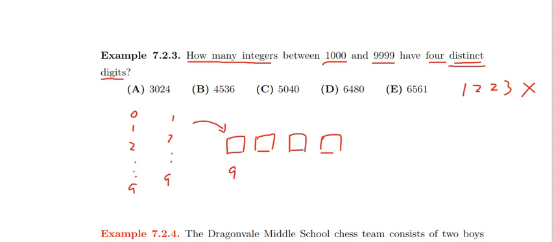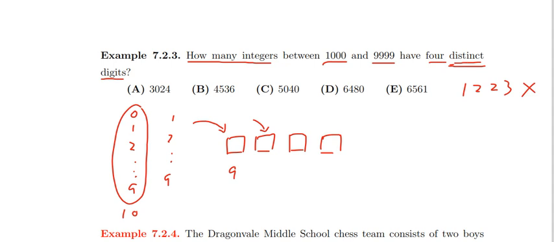But if the first one is 2, the second one cannot be 2. So even though here we have 10, right, the digits must be distinct, so it should not be the same as the first one.